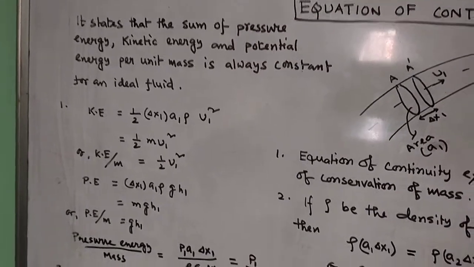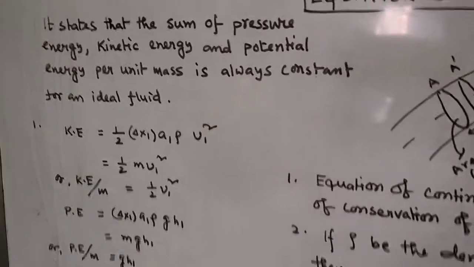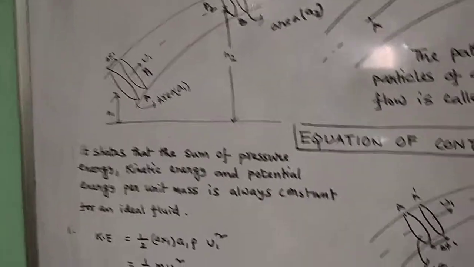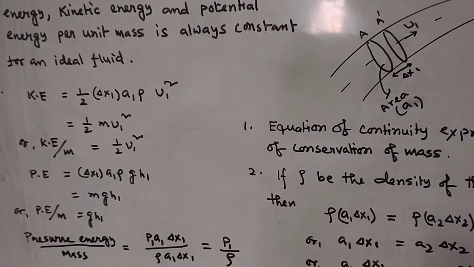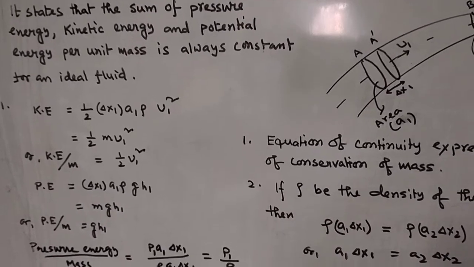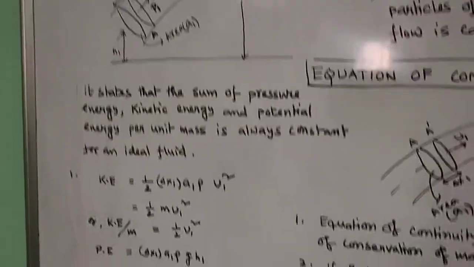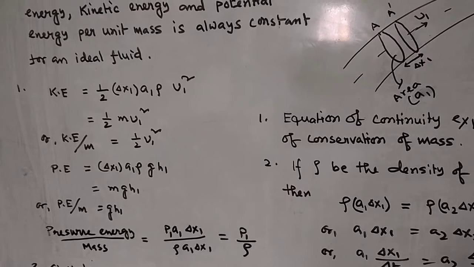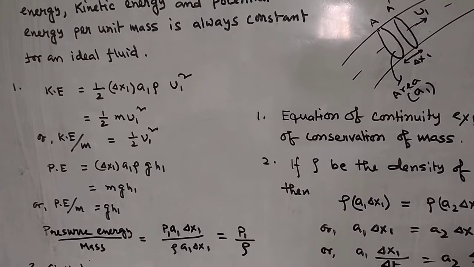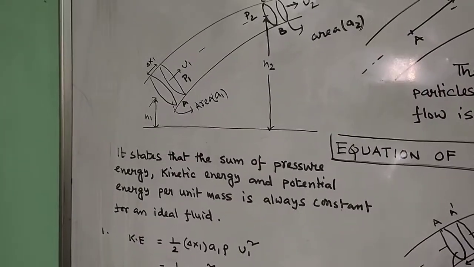This expression is very simple. For the pressure energy per unit mass, the pressure is P1. The work done by the pressure is P1 A1, that is the force, times delta x1, the distance. The mass is rho A1 delta x1.